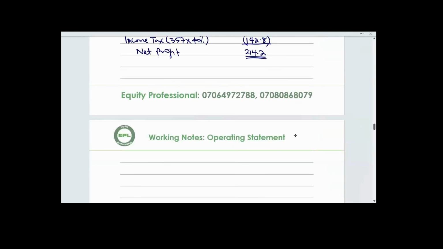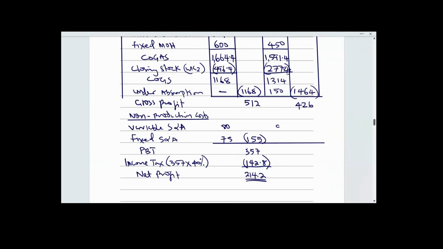So here will be 90,000. Then fixed selling and admin remains 75,000. When you add it up, that will give you 165,000. So 165 minus 426, what do you get?